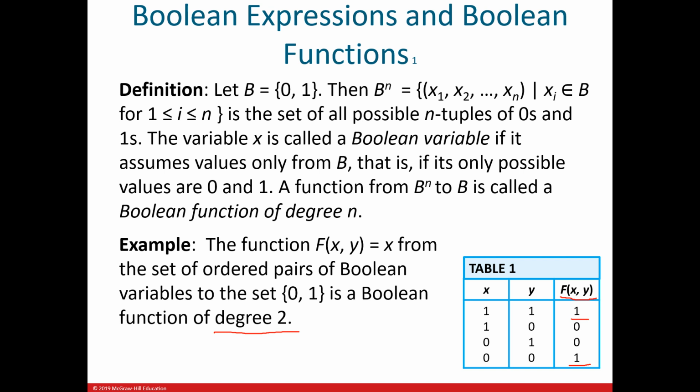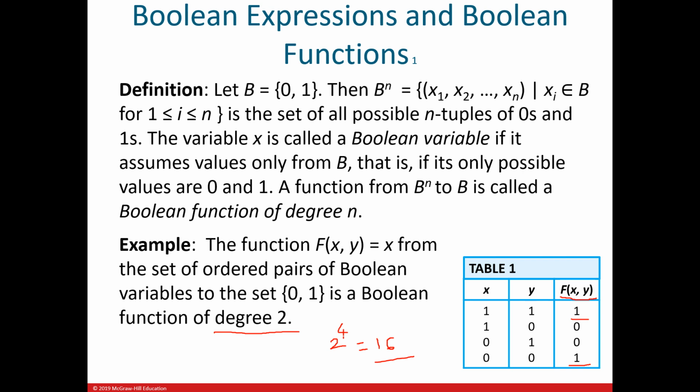So the total number of functions we can generate will be 2 raised to 4, which is 16 functions. Because there are 4 different values, and we know that 4 bits can have 2 raised to 4 different combinations.